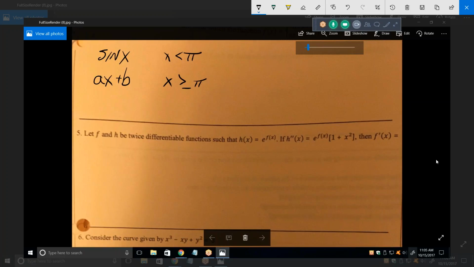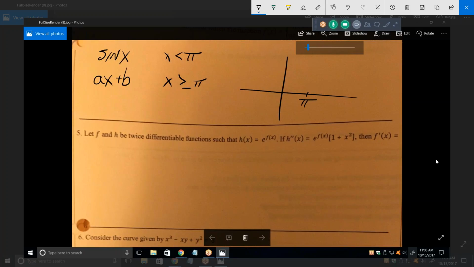Find the value of the constants a and b for which the function is differentiable at pi. If it's differentiable at pi, then it is continuous. Okay, so let's put pi here.